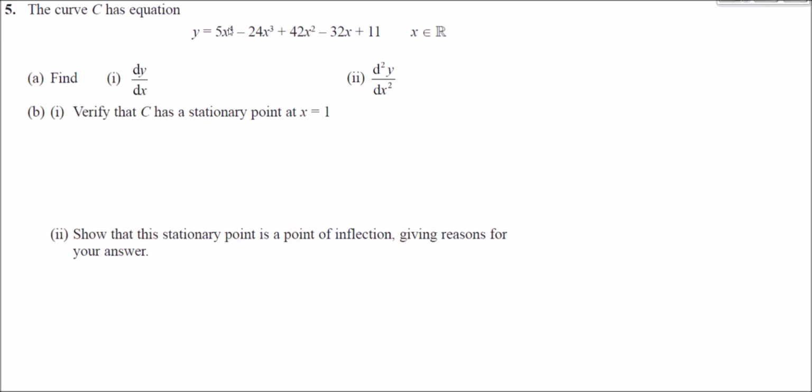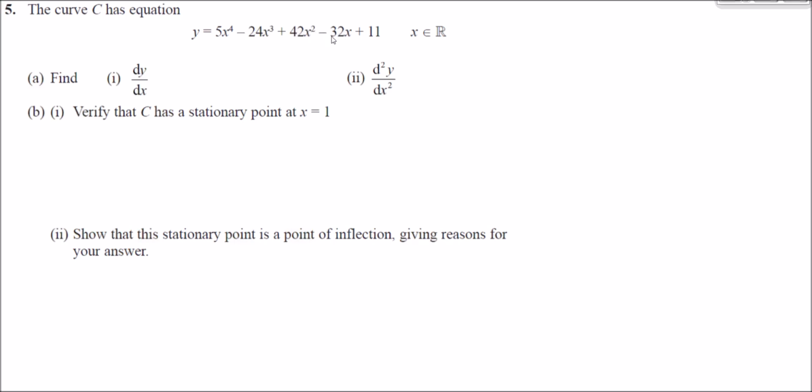So this first one, for example, the 4 comes to the front, multiplies the 5. So we're going to have 5 times 4, 20, and 4 becomes 3. So 20x cubed. This one here, the 3 will come to the front and multiply the 24 to give 72, and then 1 less than 3 is 2, so we get then minus 72x squared. This one will become plus 84x.